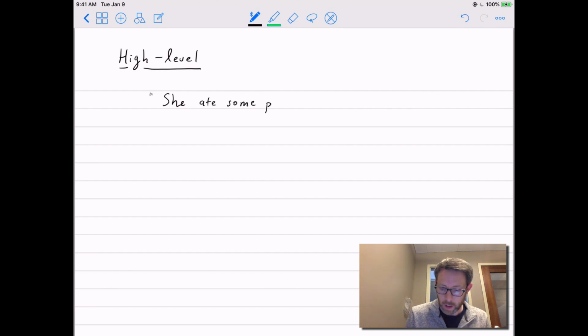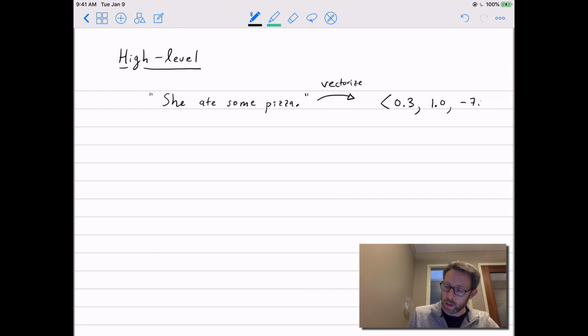This is a happy story. Most machine learning models think in terms of numbers, so somehow we have to vectorize this. I'm not going to explain this, I'm just making this up. Later I'll explain the ways that this actually happens. Just as an example, let's say somehow a vectorizer converted this string into this vector.